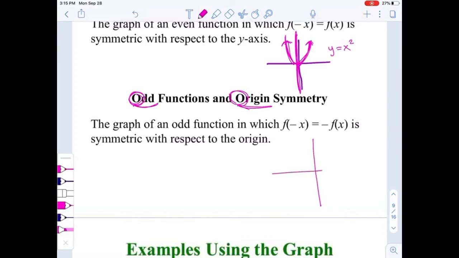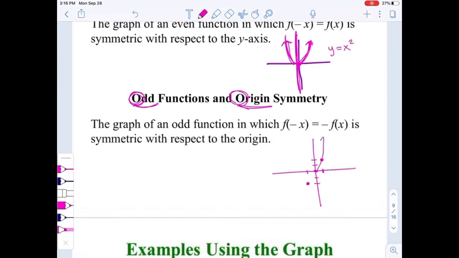Well, if I were to take a graph, we have our origin. If I go maybe 1 unit over to the right and I go up 2 units, over 1, up 2. If I were to do the same thing on the opposite side, so to speak, I would go 1 to the left and 2 down, and that would give me my origin symmetry.